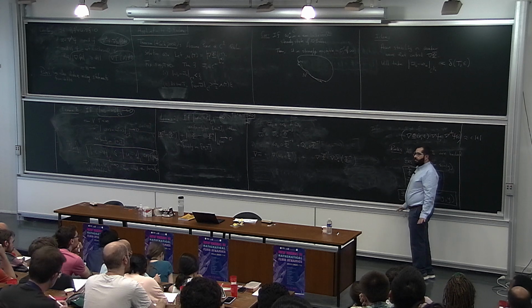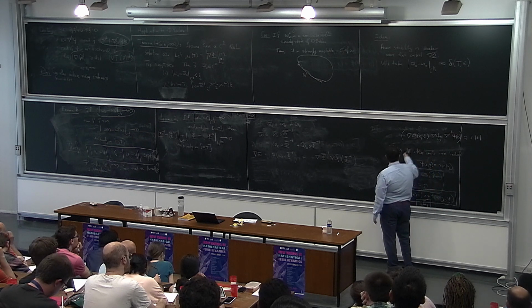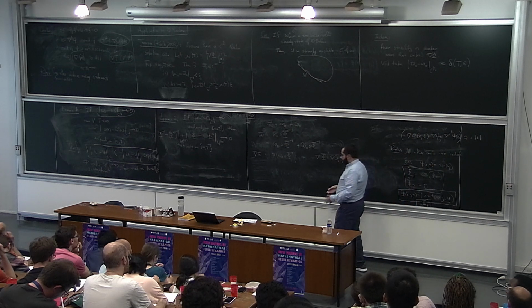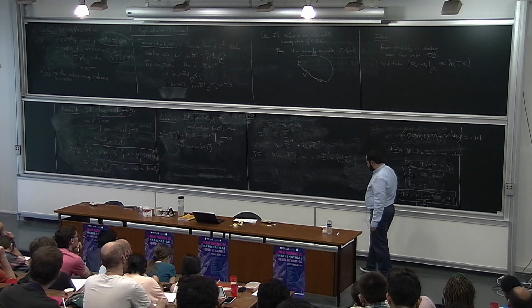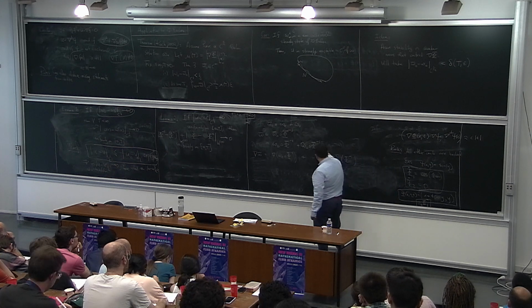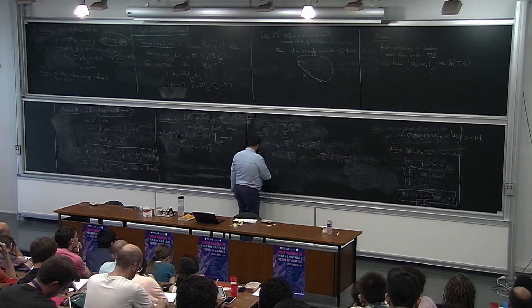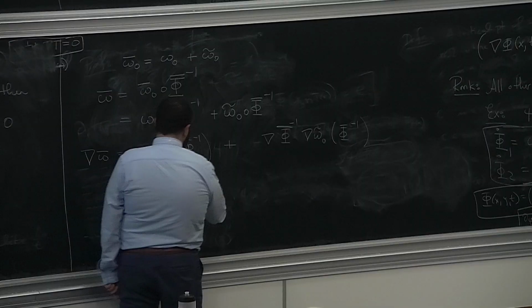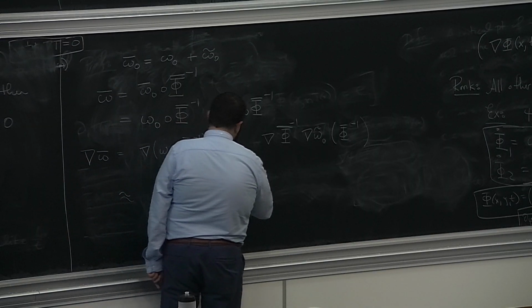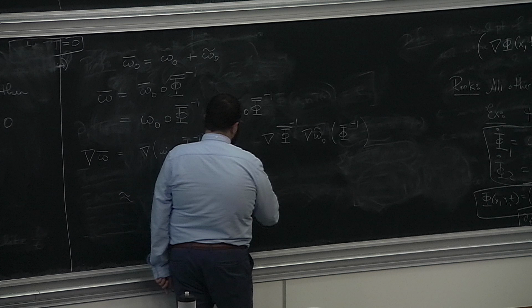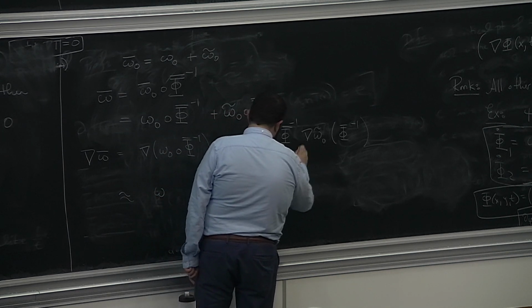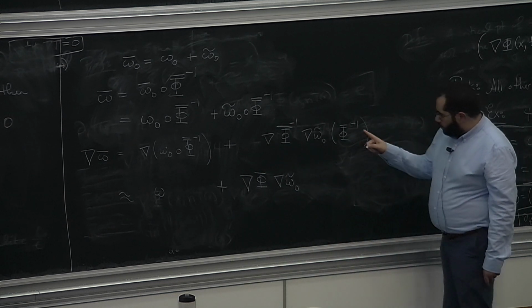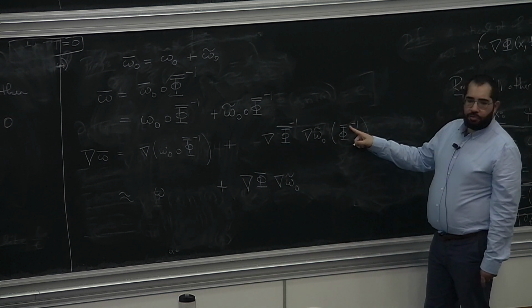I can just remove the bar because the perturbation will be as small as I want, independent of any of the parameters in the problem. So then this is approximately gradient omega 0 plus gradient phi times gradient omega 0 tilde. Now, this is a small annoying point. Here, I can't remove the bar.